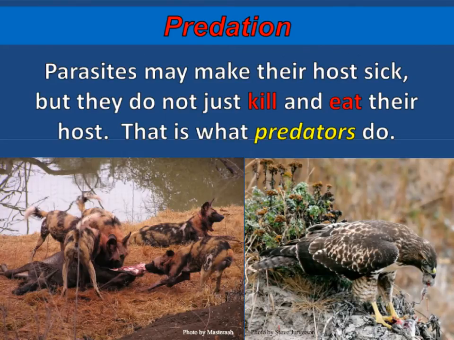For example, parasites would make their host sick, but they do not just kill and eat their host. That's what predators do. So parasites, I'm going to underline in green, class, parasites only make their hosts sick. But in predation, I'm going to underline in pink, predators kill and eat. That's a key factor there.